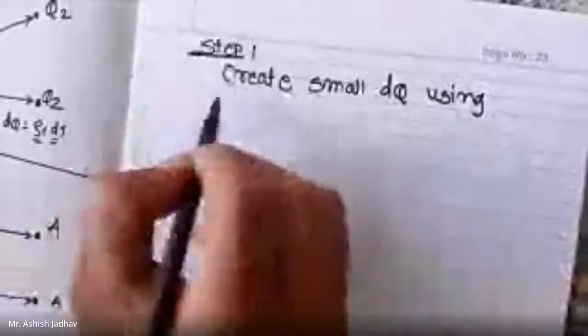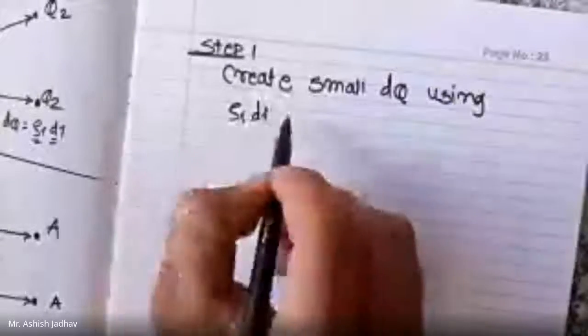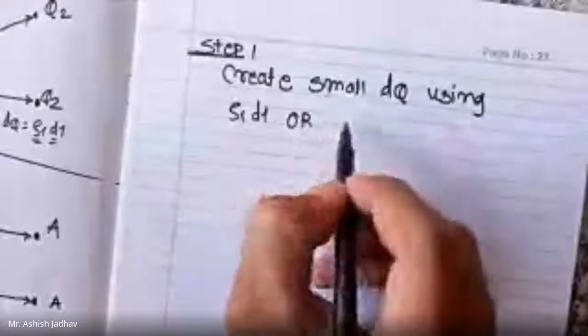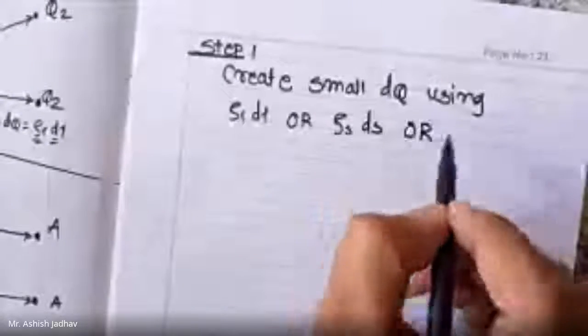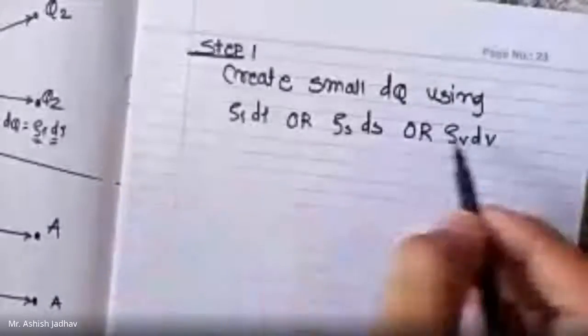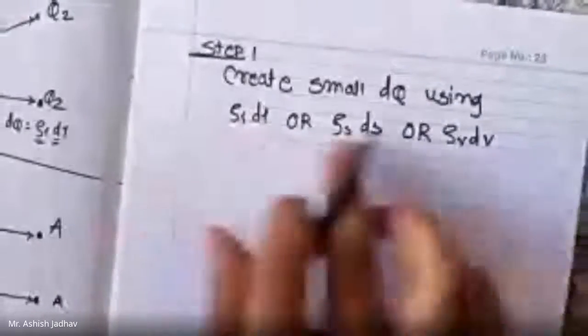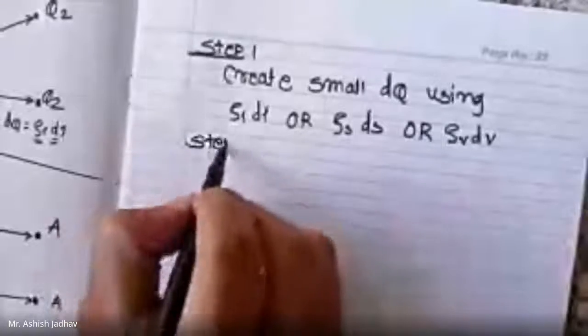If it is line charge, rho L dl. If it is surface charge, it will be rho S ds, or if it is volume charge, it will be rho V dV. So once you create this small dq by using one of them, you can proceed to step 2.